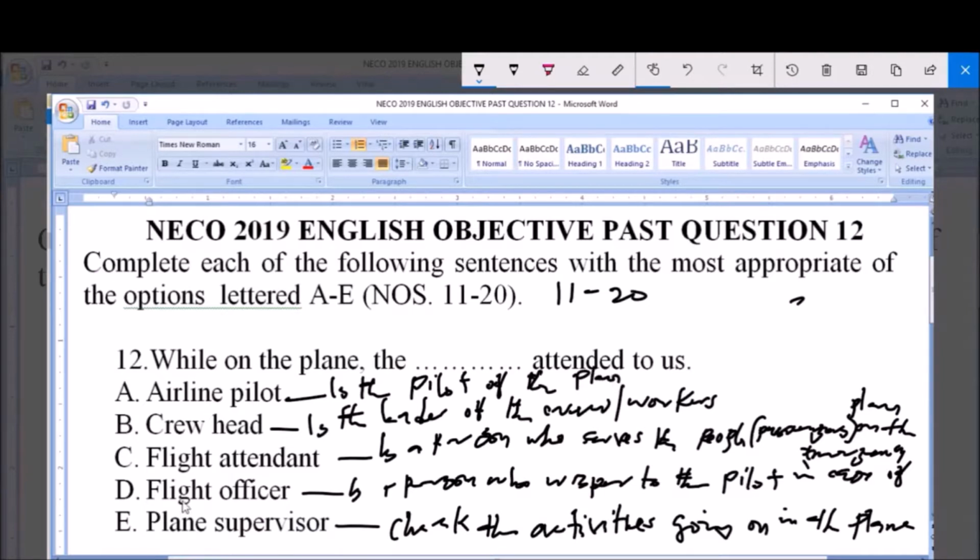So by this analysis, the person who attends to them in this statement is the flight attendant. So while on the plane, the flight attendant attended to us. So option C is correct.